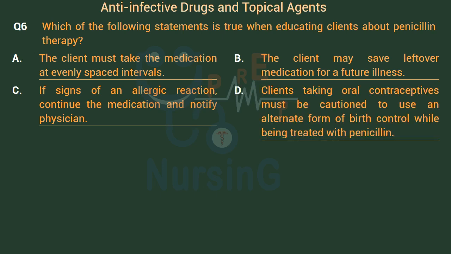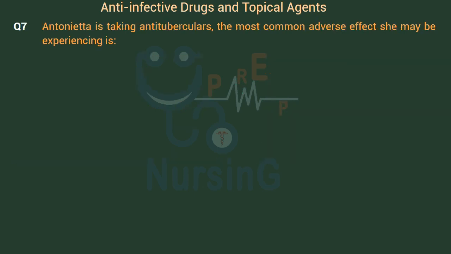Option D. Clients taking oral contraceptives must be cautioned to use an alternate form of birth control while being treated with penicillin. Right answer is Option D. Penicillin will reduce the effectiveness of birth control pills.